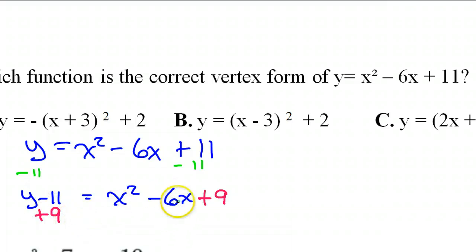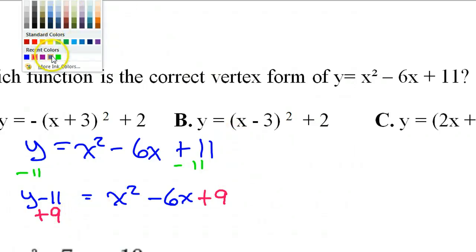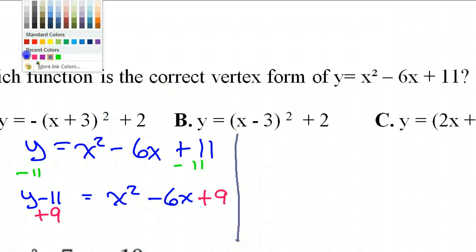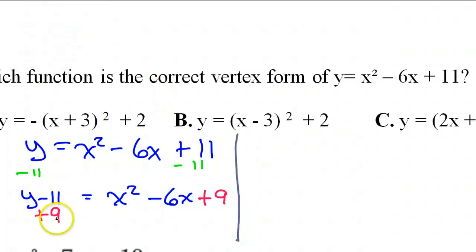When you do your half the middle squared, that's called completing the square. But when you complete the square, you need to balance that out by adding the same number on the other side of the equation. So negative 11 plus 9, that's negative 2, which gives me y minus 2 equals.